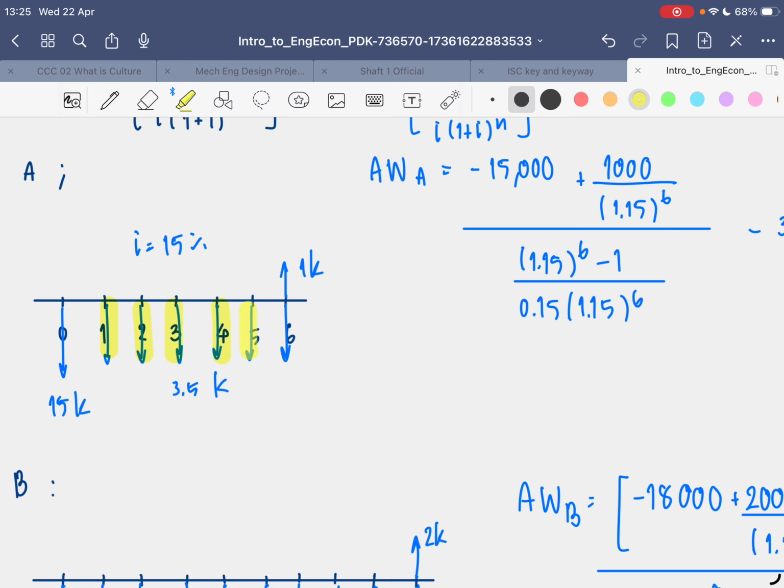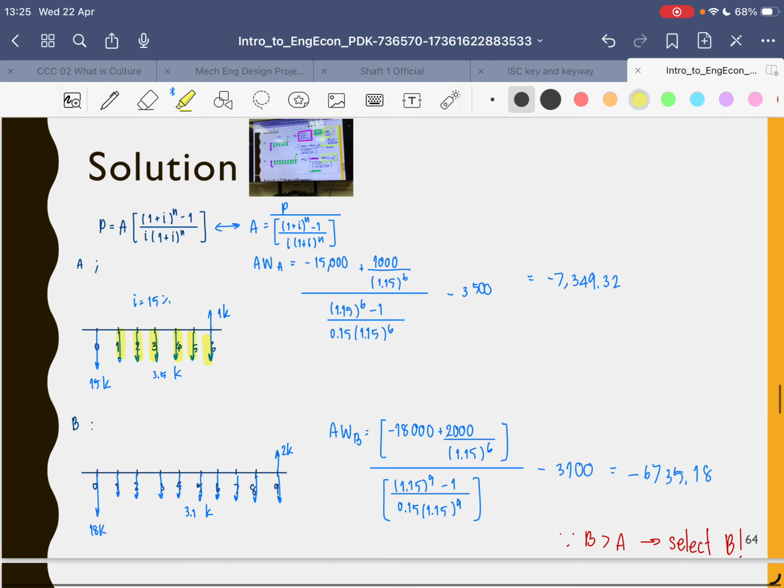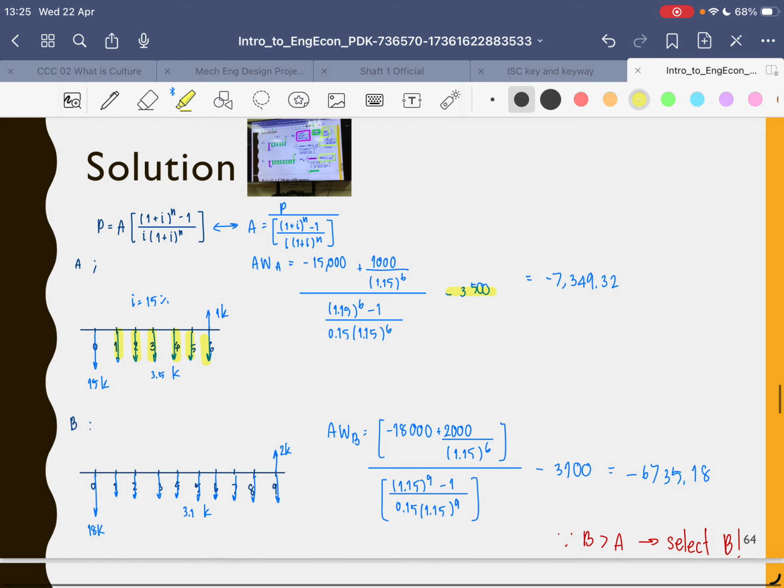I said I bring this thing back to time 0 by dividing by 1 plus I to the power of n, and I divide by this factor to distribute it over the 6 time periods. Same logic here. This yellow is 3,100, this 2K is this 2K, and this 18,000 is this 18,000.